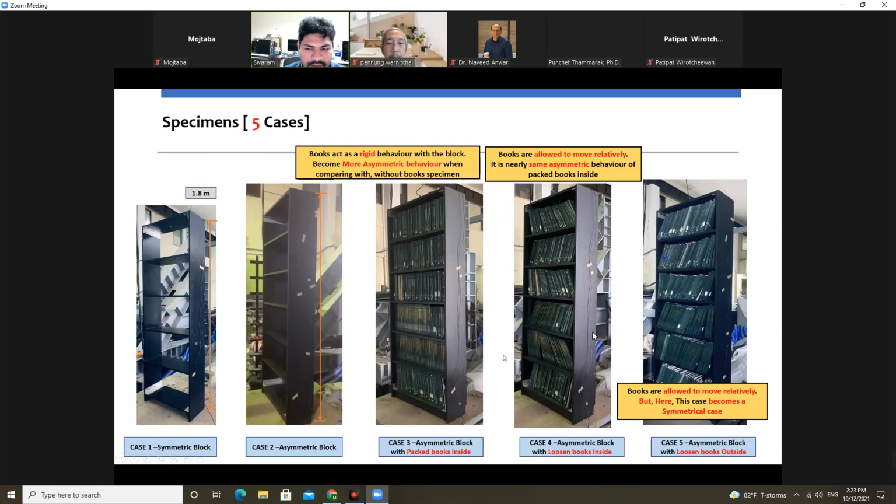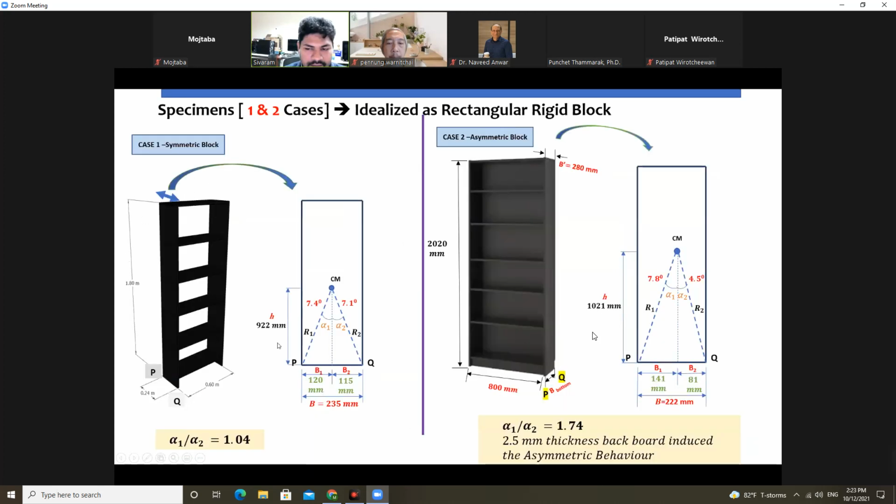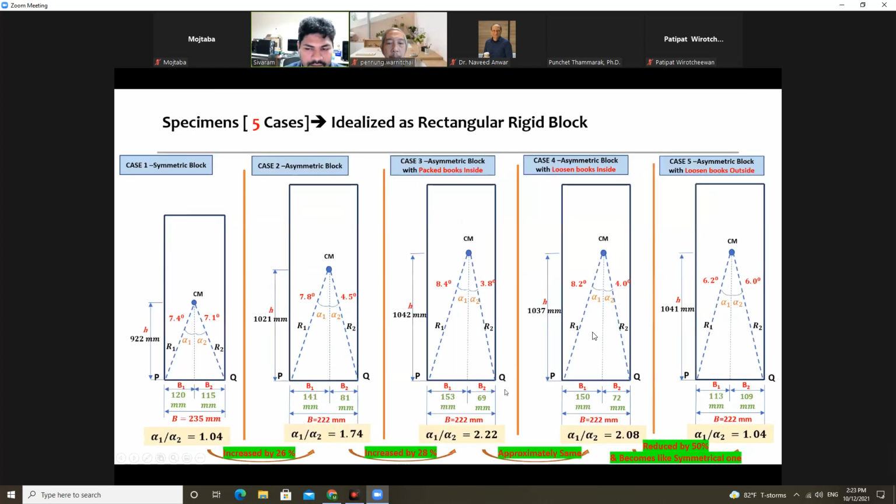So this one is a comparison of specimen number 1 and number 2. For the symmetrical specimen, we can see that the critical angle ratio alpha 1 over alpha 2 is nearly 1. So this one is the symmetrical specimen. For our asymmetrical block, the critical angle ratio becomes 1.74. This is a summary of all our cases.